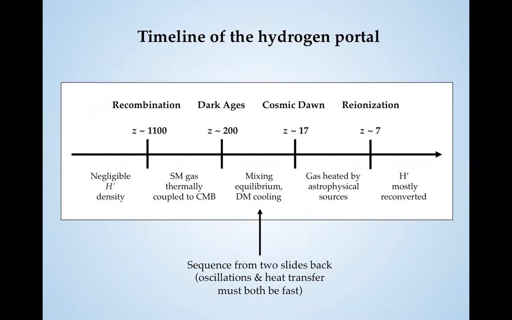But later on, and this is crucial, mixing stays in equilibrium past the EDGES signal and through reionization, so that as the density of neutral hydrogen drops, so does the density of mirror hydrogen. They're tracking each other because mixing is still in equilibrium. And so ultimately in this scenario, we expect most of the baryons that were lost through oscillations to be recovered by the end of reionization.